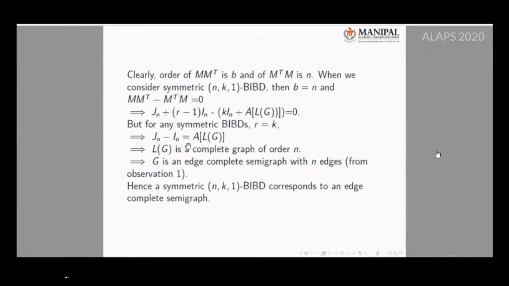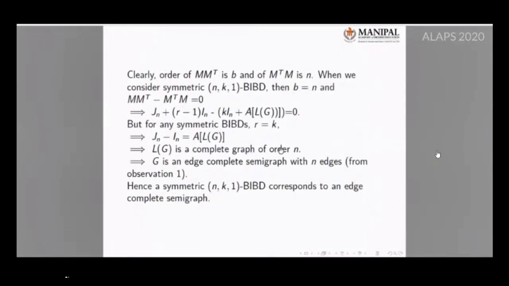And we simplify, and what we get is J_n minus I_n equals A of L of G. J_n is a matrix of all ones, and this is an identity matrix of order n. So when you subtract, what you see is that only the diagonal elements are going to be 0. That is the adjacency matrix of a complete graph. So L of G is a complete graph of order n.